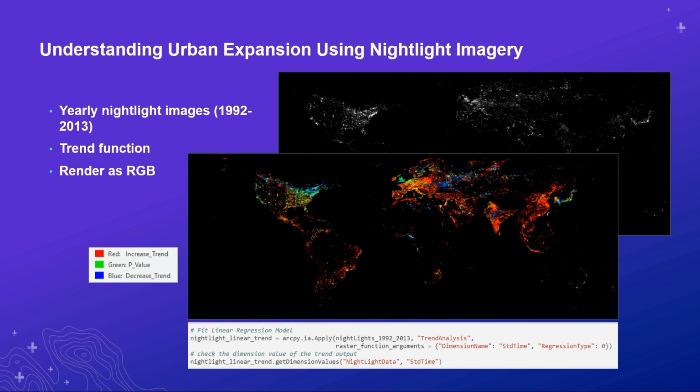We ran the trend function and created a trend raster using ArcPy, and then we converted this trend raster into an RGB, where we map the positive slope into red and the negative slope into blue. So red pixels mean increasing, and blue pixels mean decreasing.